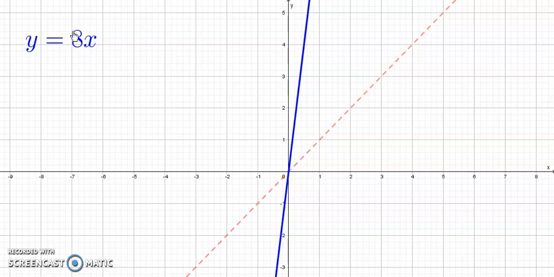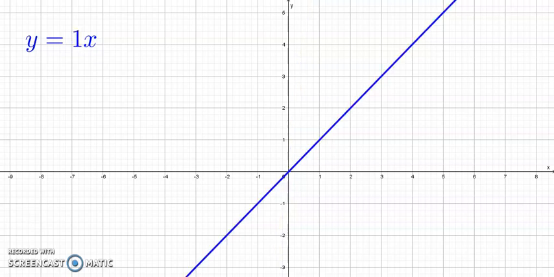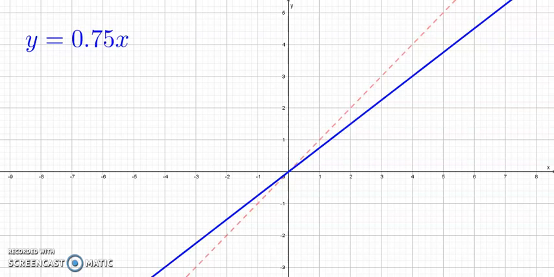And then what happens if this number is a proper fraction? So something between 0 and 1. Right, so again, we go back to our basic shape, y is equal to x, looking like that. If I were to change the number multiplying x to a proper fraction, like 0.75 or 3/4, okay, so what's happening now is that where my output was formerly 1, we are multiplying that by 3/4, so it ends up being a bit smaller.